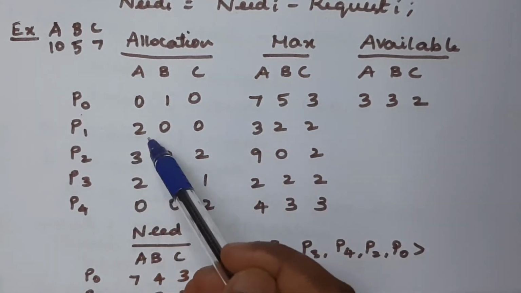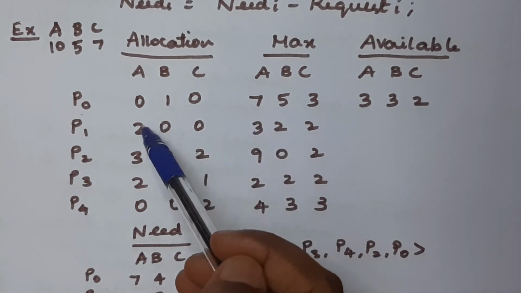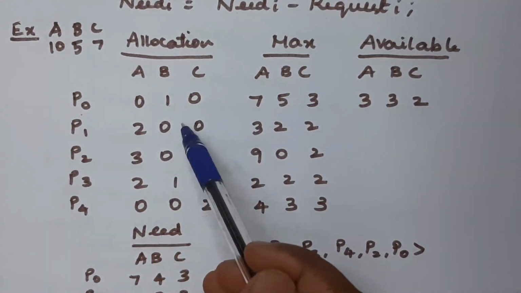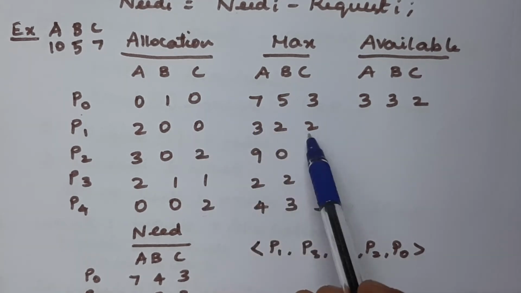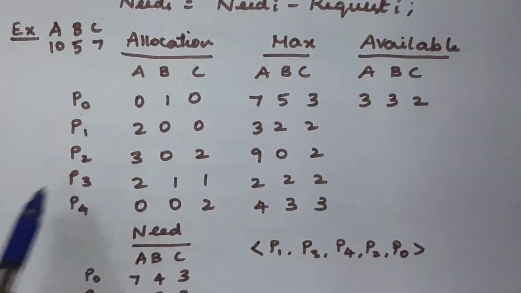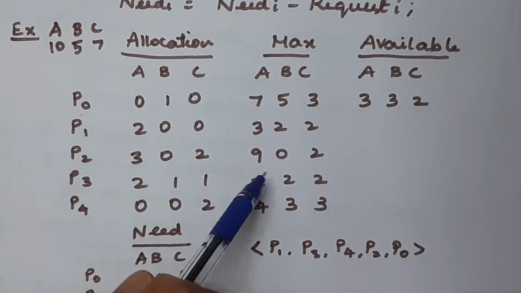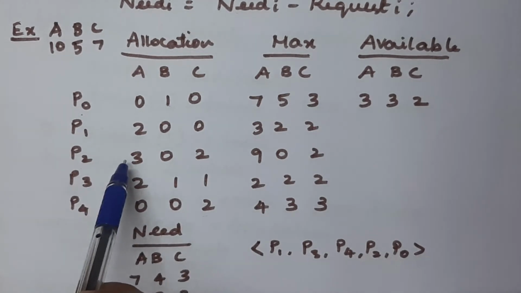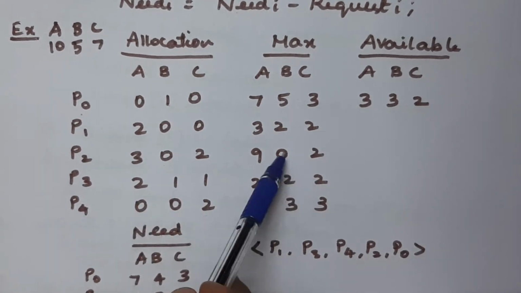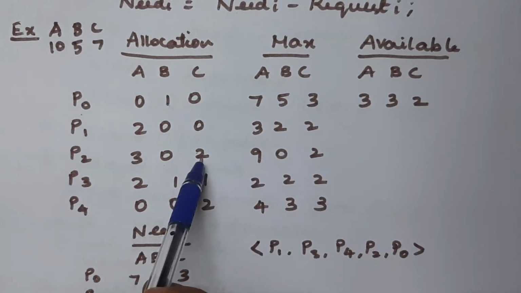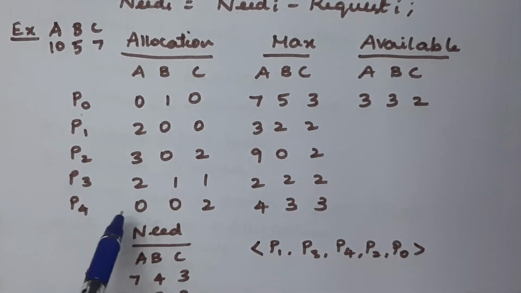And for process P1 we have allocated only 2 resources of type A, and B and C we have not allocated, since it actually needs 2 of type B and 2 of type C, but they are not allocated. And for process P2 out of 9 only 3 have been allocated, and for B it doesn't need anything because it is 0, but it needs 2 of type C. We have allocated everything, right? And what is the next one?